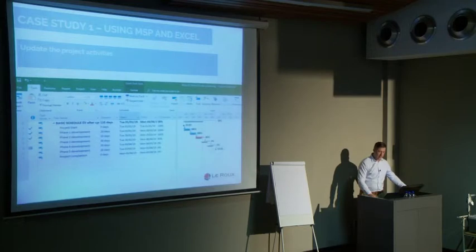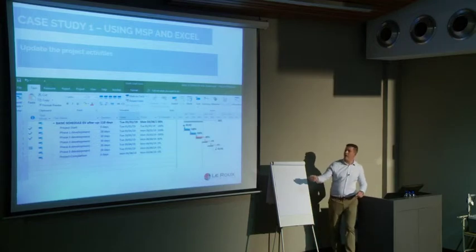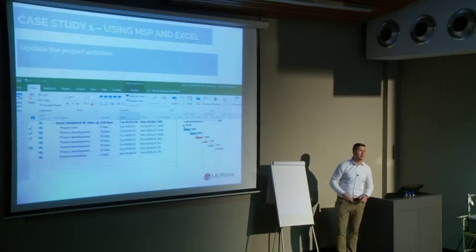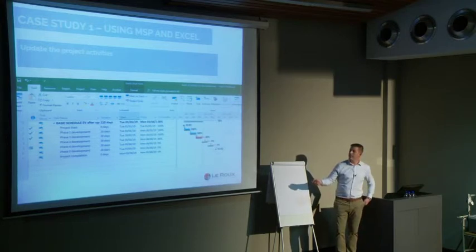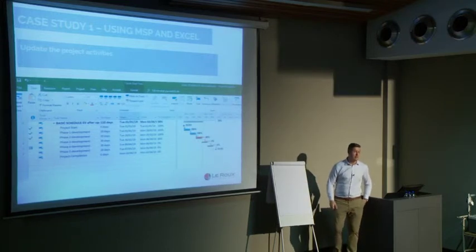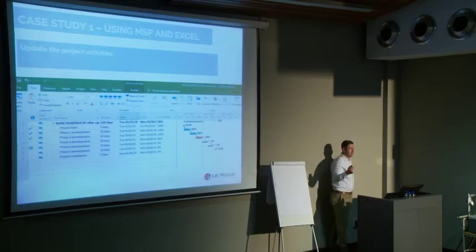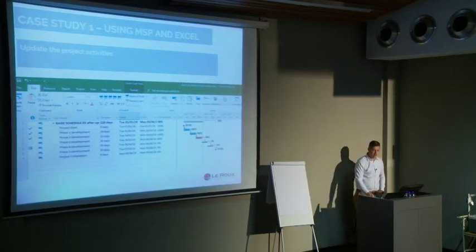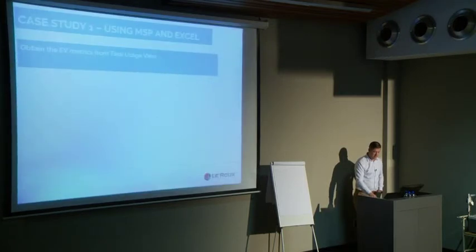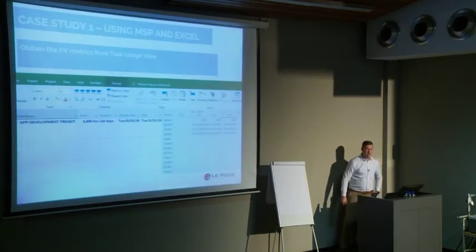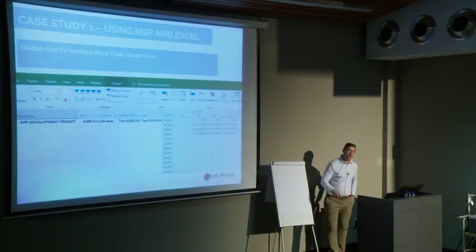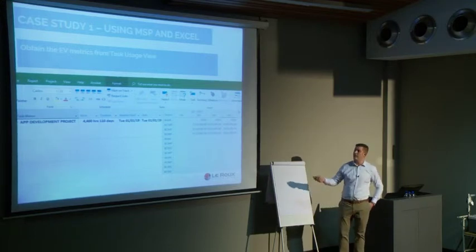So next up, I'm going to update my project. So I'm going to draw my time now line in March. That's month 3. And I'm going to say what actually happened. Can you guys see what happened there? In accordance with my baseline, I am not finished yet with that phase 3 development. So already you know we are slightly behind in terms of progress. So if I go back to my task view after the update, there's all the information that I need.